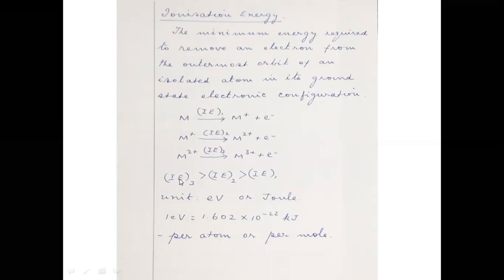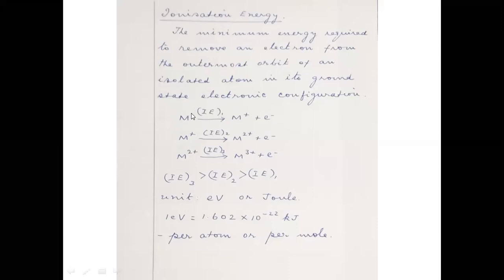Normally, third ionization energy is the greatest, and the second ionization energy is lower than the third ionization energy, and the first ionization energy is the least among these three ionization potentials. The reason you may be knowing, in the neutral atom, the electrons are attracted by the nucleus. In the unit positive charge, the nucleus power is a little bit extra because it has already lost one electron.